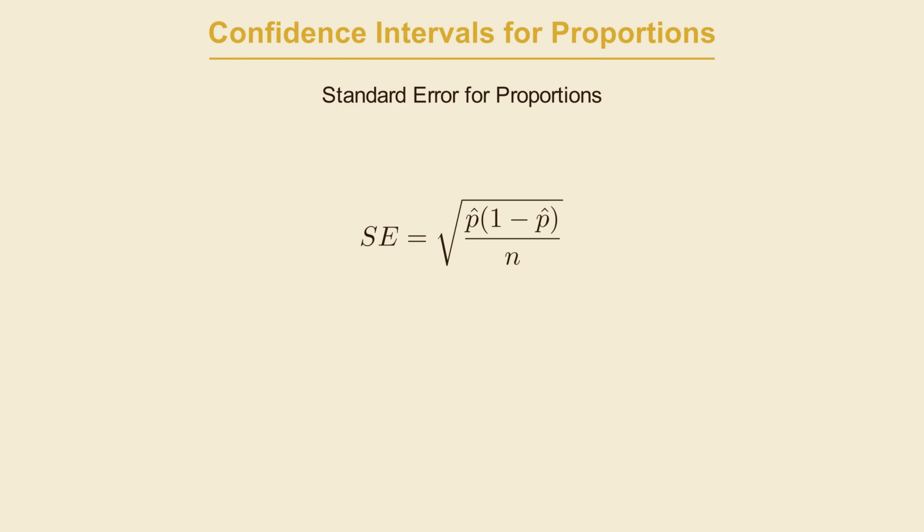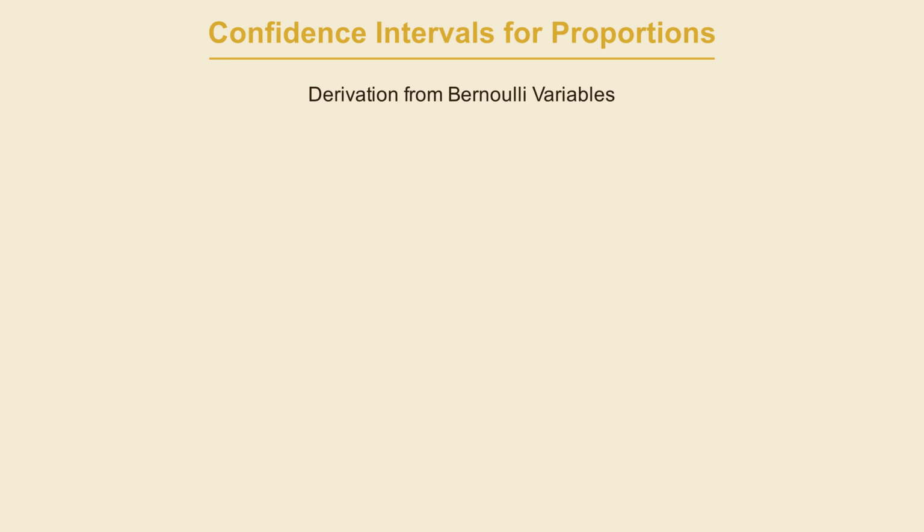Let me explain where that standard error formula comes from, because it's not exactly arbitrary. It follows directly from what we covered in the probability modules. A default or no default outcome is a Bernoulli random variable. It takes the value 1 with probability p and 0 with probability 1 minus p. The variance of a Bernoulli variable is p times 1 minus p. The sample proportion p hat is basically the sample mean of n independent Bernoulli trials.